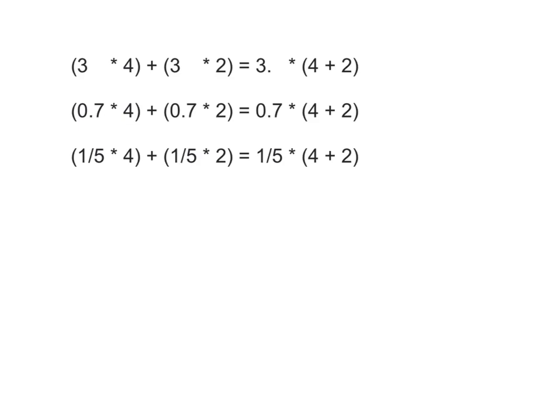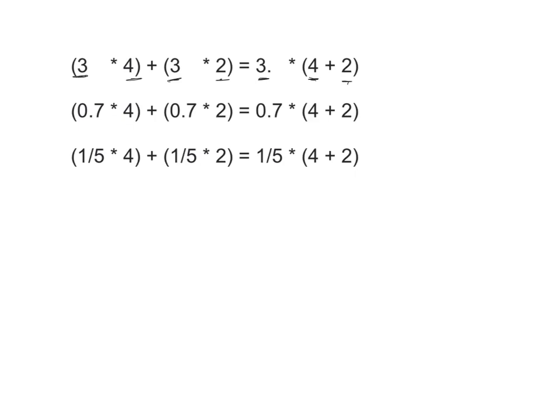Let's take a look at another example now. We're going to follow the same strategy where I underline the numbers that I have in common and circle the operations that are the same in all three. So let's start with the first one. I have a 3, a 3, and a 3. I also have a 4 and a 4, 2, 2.